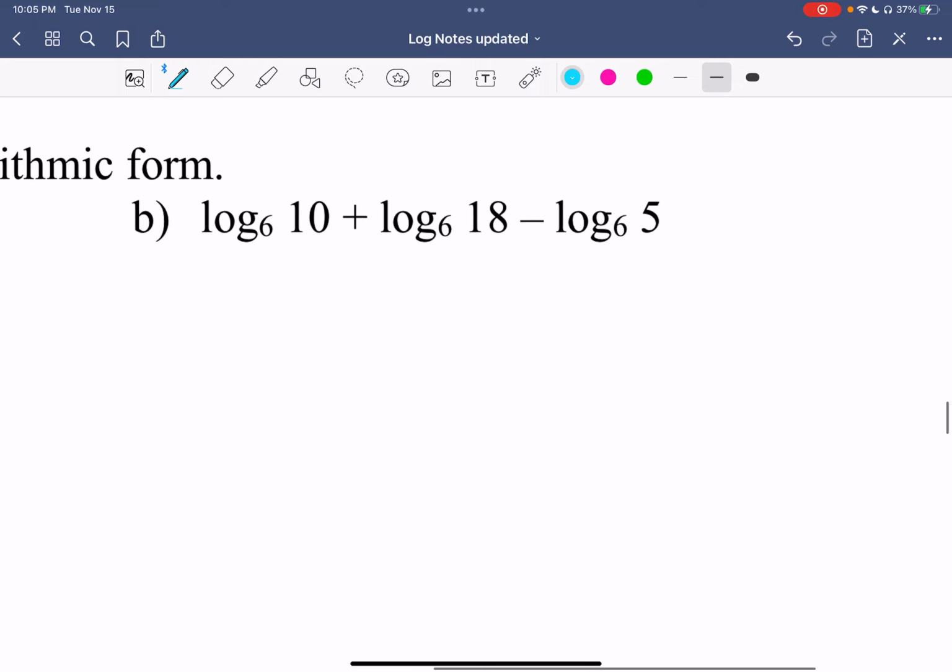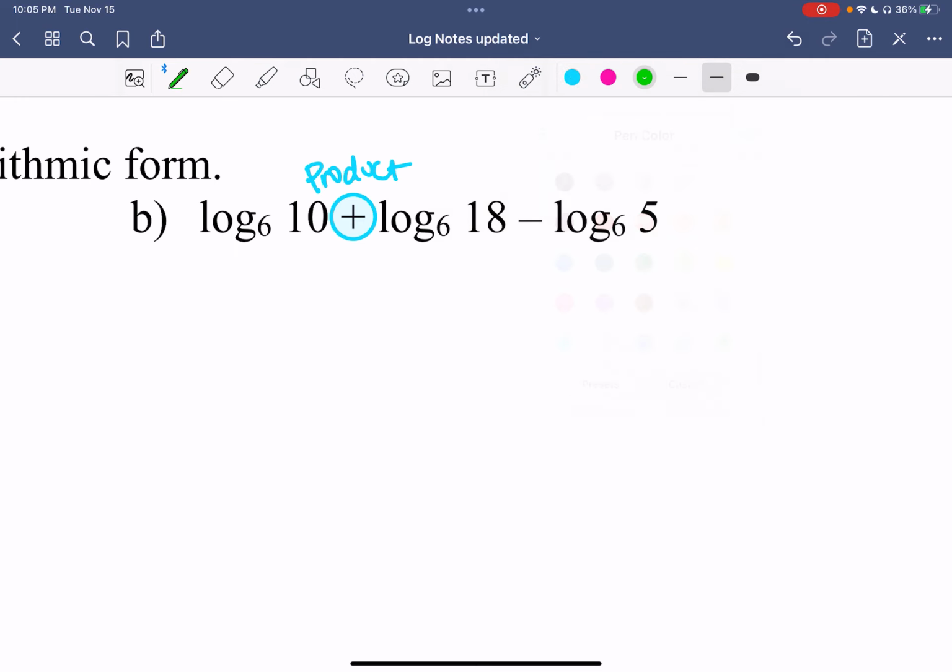The first thing I see is the plus, so I'm going to apply the product law. And these all have base 6, so it's important that you keep checking that. So base 6, 6, and 6, so that's good. So we're going to multiply log base 6 of 10 times 18. Now, we've only done the first two logs. We haven't touched the log base 6 of 5 yet, so just bring that down.